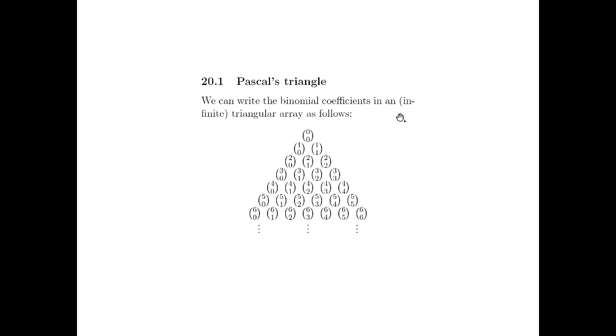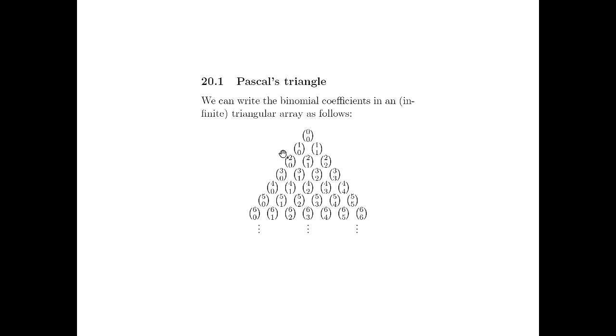Okay, so you can, if you want to, write the binomial coefficients. So remember, we learned about these. These are the n choose r things. And you can write them in this sort of a pattern if you want to, right? So we have on the 0th row the 0 coefficients. On the first row, 1 choose 0 and 1 choose 1.